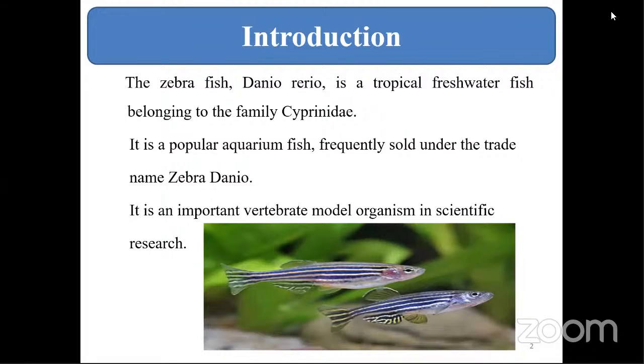You may have studied them in the practical section in third or fourth year. Even dogs, cats, and monkeys, how they are used in a pharmacology lab. Am I right or wrong? But you may not be aware of this particular species, zebrafish.